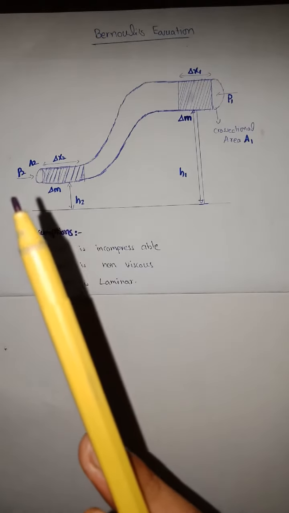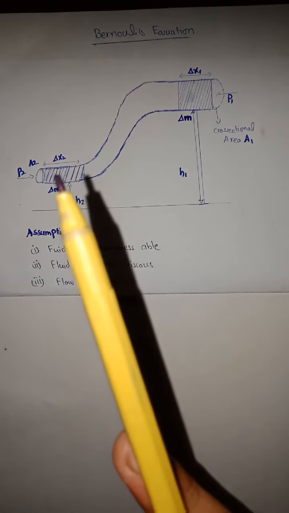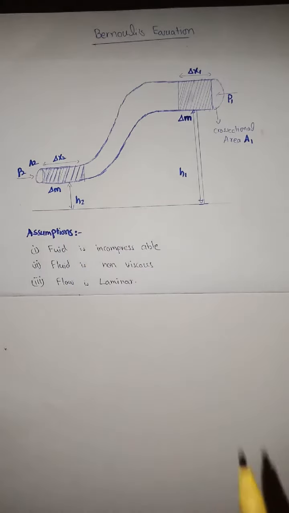If we come toward the lower end, here the pressure is P2, the cross-sectional area here is A2, and the displacement of the fluid is delta x2, and the height is h2.